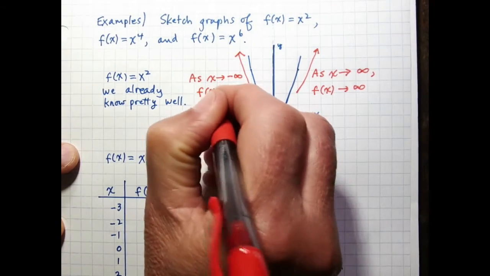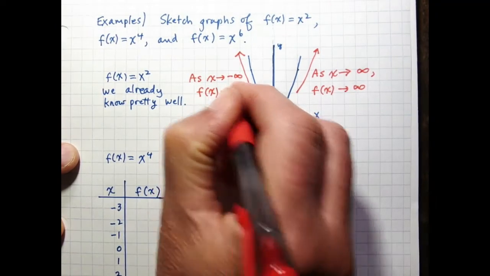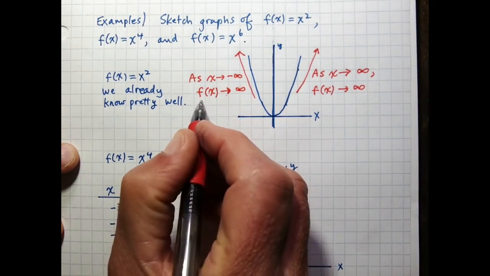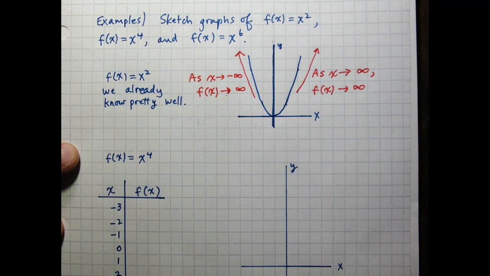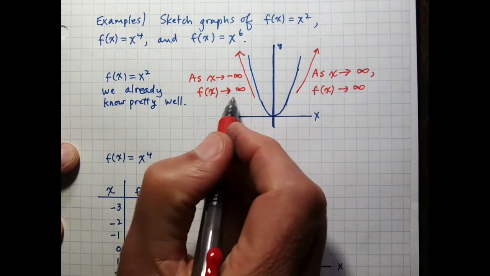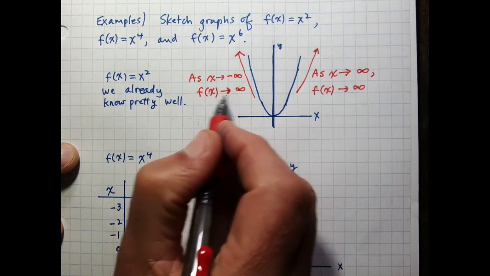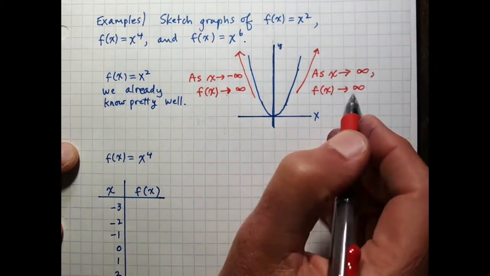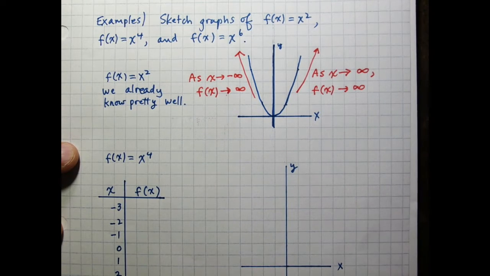So we write f of x arrow infinity, which we read as f of x approaches infinity. That's because the y values get very large, whether we go in a positive direction or a negative direction.